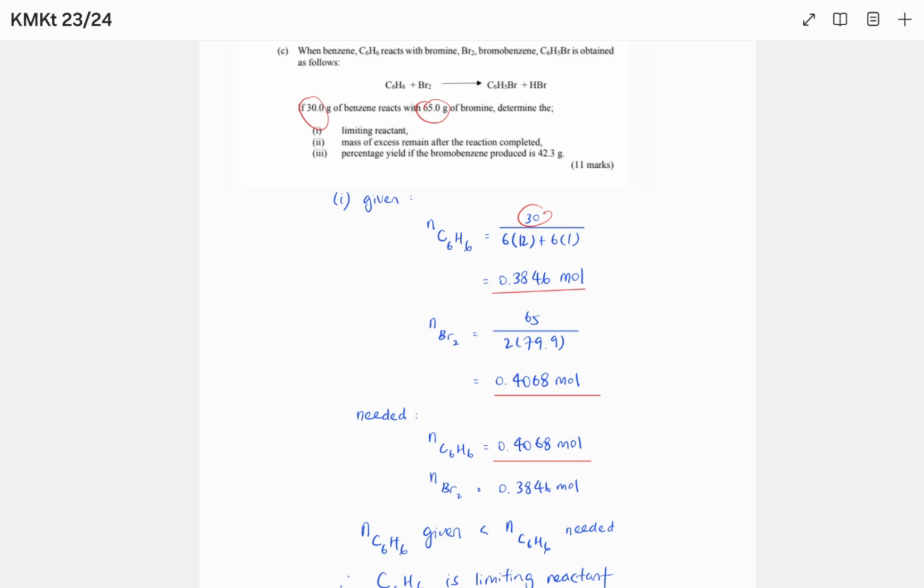And when we compare the mole of bromine to the mole of benzene, it will also be the same. So the mole of bromine needed will be 0.3846 mole. So we compare with the mole of benzene, we found that the mole given is less than the mole needed. So benzene will be the limiting reactant.